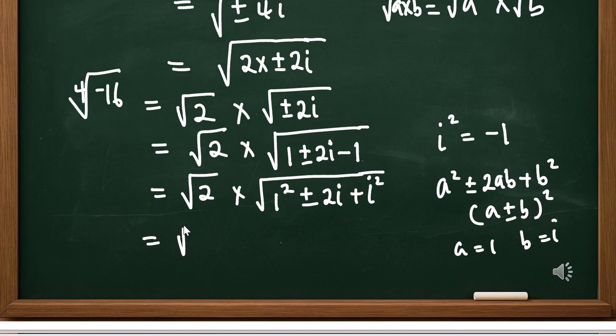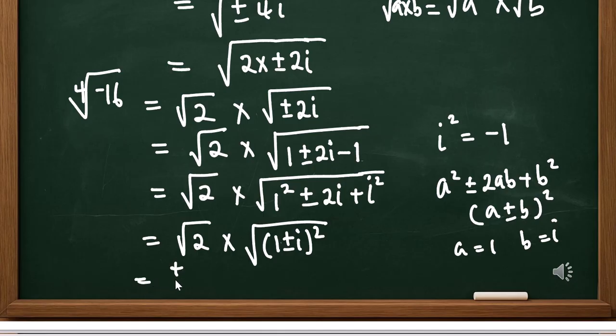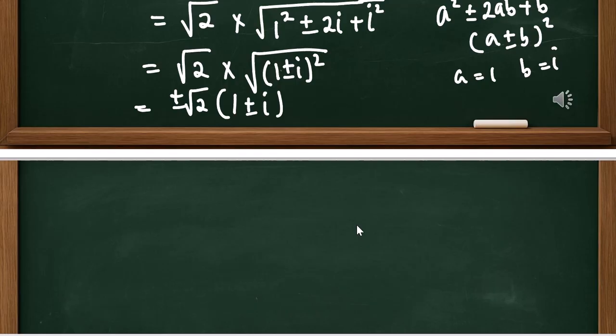Now here I'm going to have the square root of 2 times the square root of 1 plus or minus i all squared. So for method 1, finally, I'm going to have plus or minus the square root of 2 into parentheses 1 plus or minus i, because this square will cancel out the square root. So this is my answer for method 1.